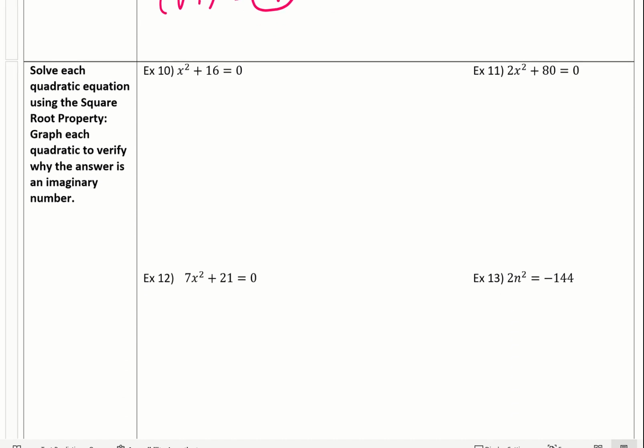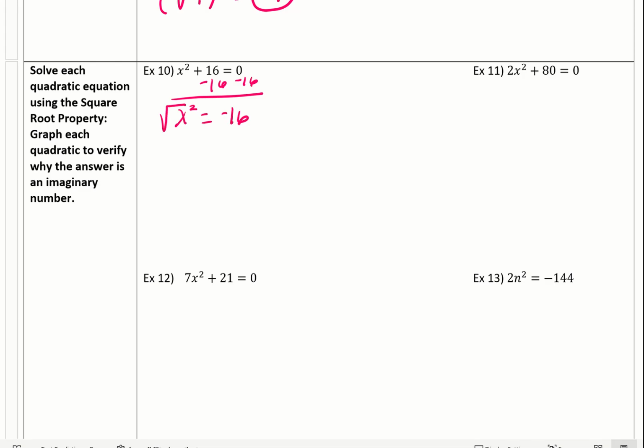Okay, the last one says solve each quadratic using the square root property. Graph each quadratic to verify why the answer is imaginary. You can use your graphing calculator to graph these, but all of these should graph above the axis, so you should be able to see that if you were to graph it. So we are going to subtract 16 when we start this problem, and we get x squared equals negative 16.